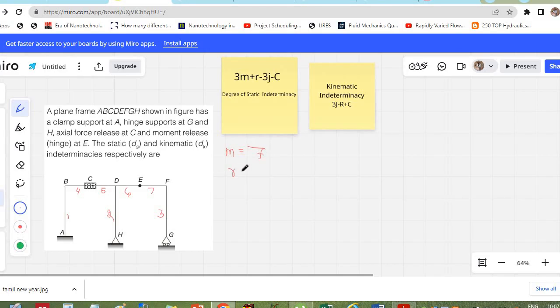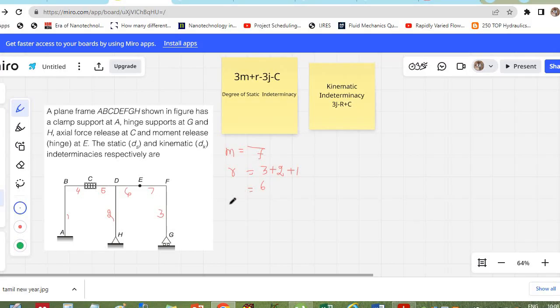The number of reactions: this end is fixed, so you will have 3 reactions. Here you will have 2 reactions, so reactions is equal to 3 plus 2. Then at this location you have only one vertical reaction because it is a roller support, so you add 1, so the number of reactions comes to 6.